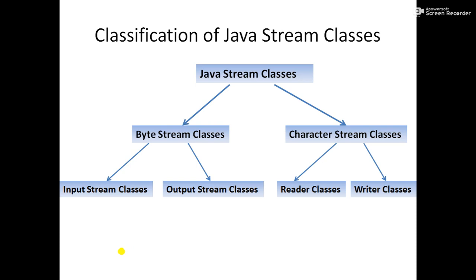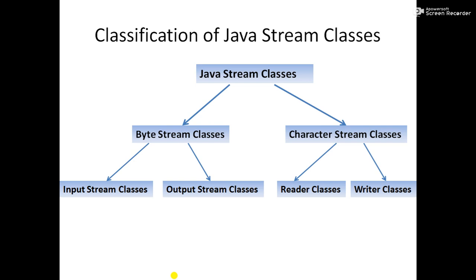These are the basic input-output streams available in the Java stream classes, and they are classified into two classes: byte stream class and character stream class. The data available in Java or in any programming language may be in bit or byte format, or in character format.